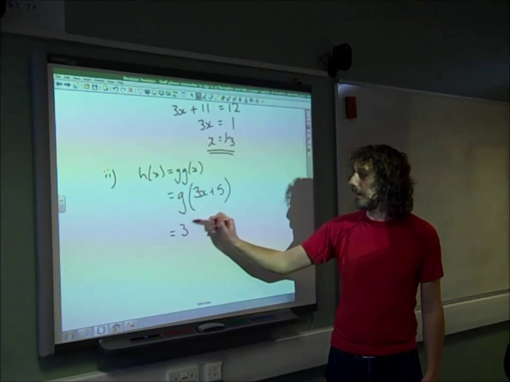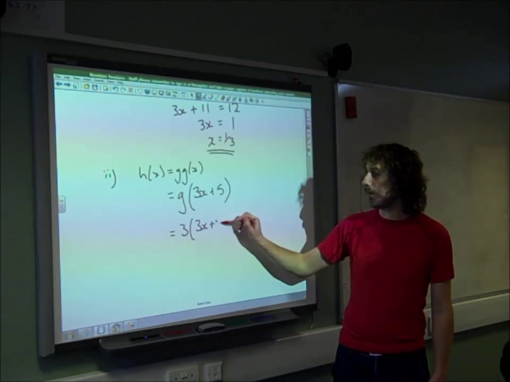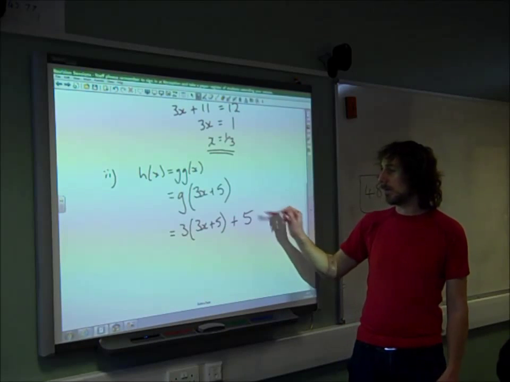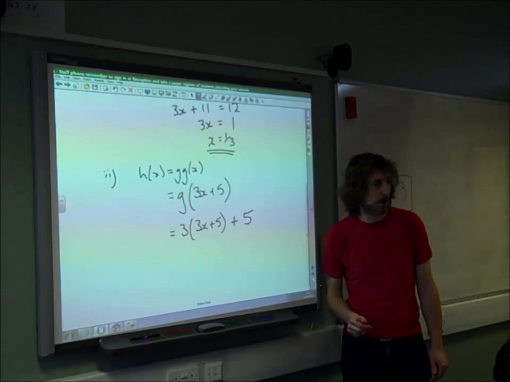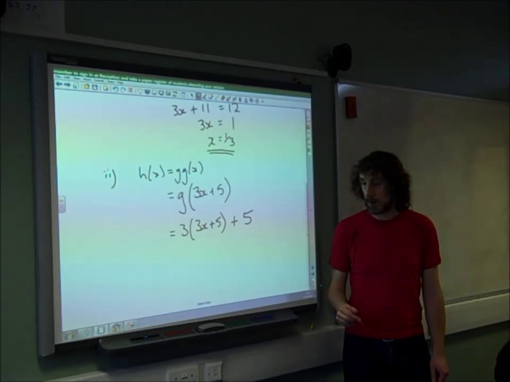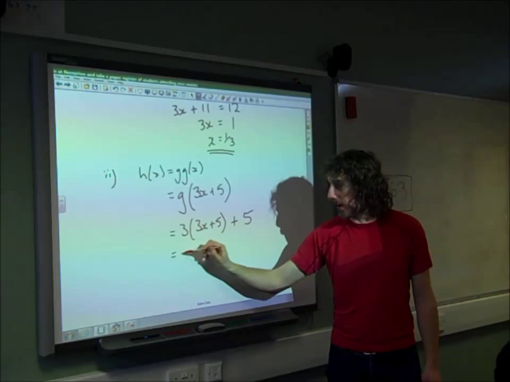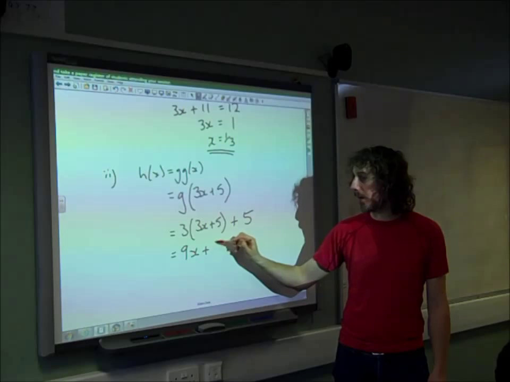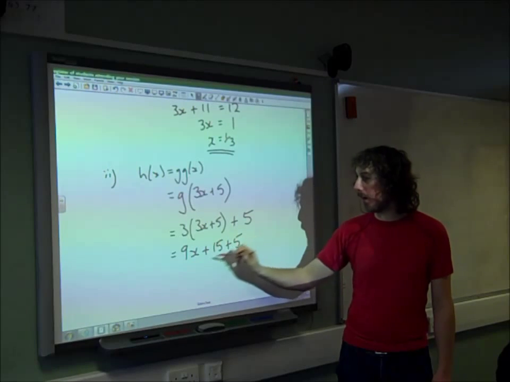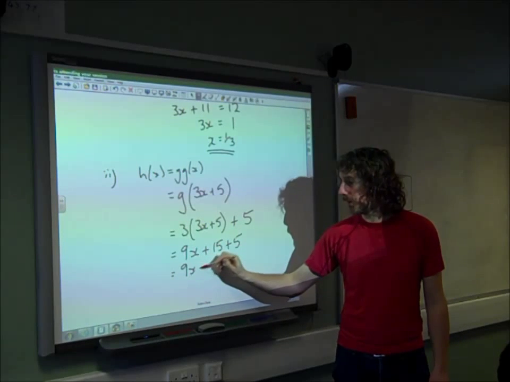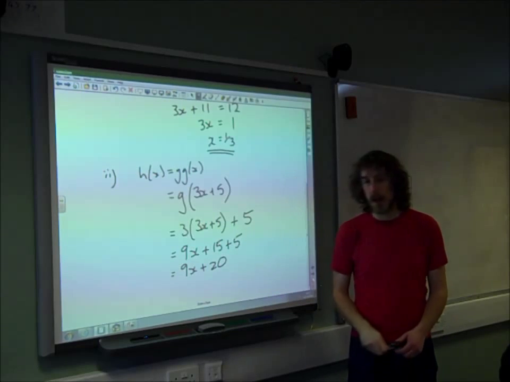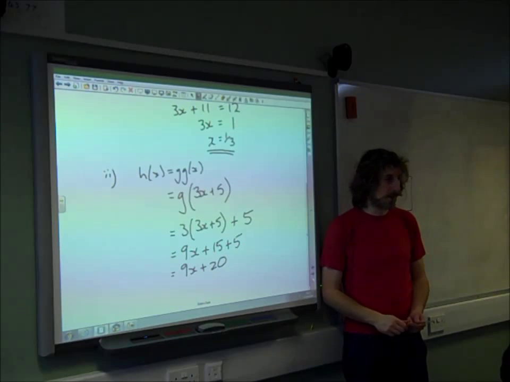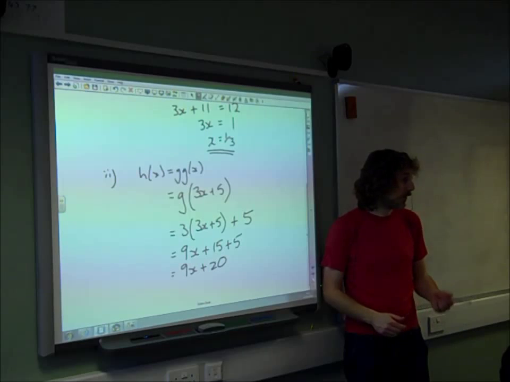So that's 3 times the input, 3x plus 5, plus 5. That's what g of x was defined as being. And so we're going to tidy this up to get 9x plus 15 plus another 5. So, after a bit of working out, h of x was 9x plus 20.